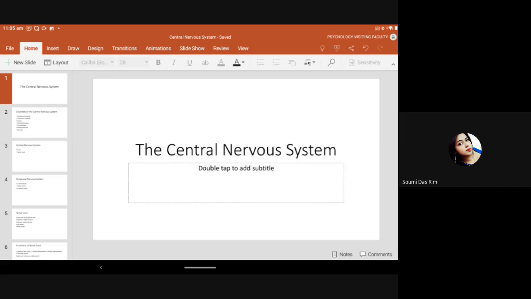Now this motor division is also divided into two main parts: the autonomic nervous system, or ANS, and the somatic nervous system, or SNS. The autonomic nervous system's main function is to control the involuntary responses, while the somatic nervous system's function is to control the voluntary movement.